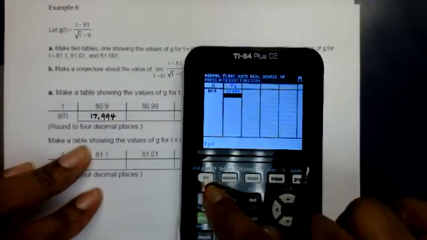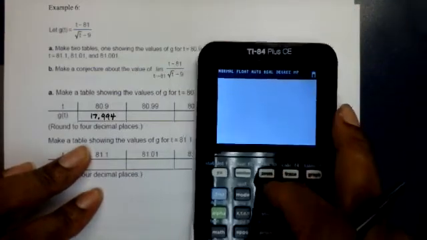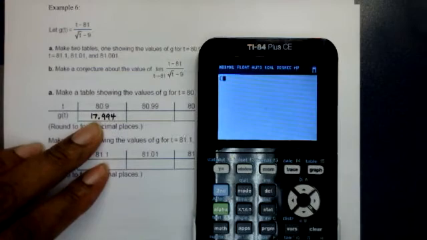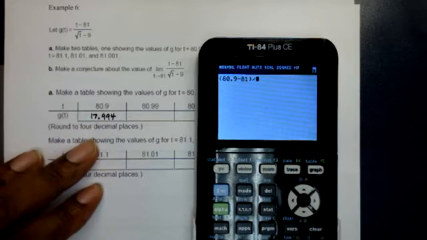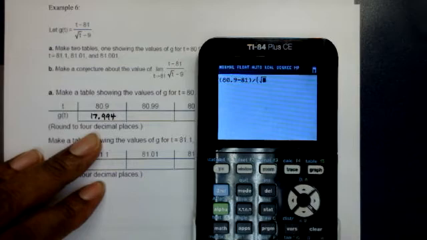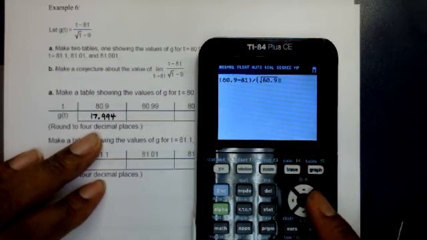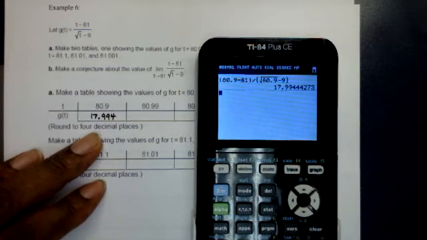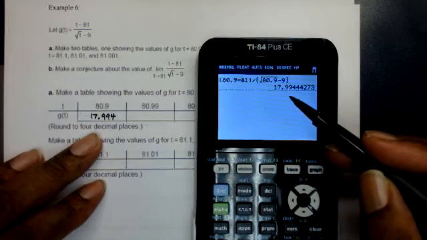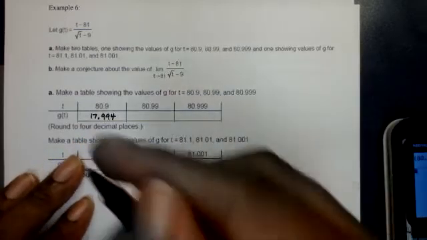So if t is 80.9, I do left parenthesis 80.9 minus 81, close parenthesis, divided by left parenthesis, second x squared for the square root of 80.9. Use my right arrow key to get out of it, minus 9, close parentheses. So here, this would be 17.9944.